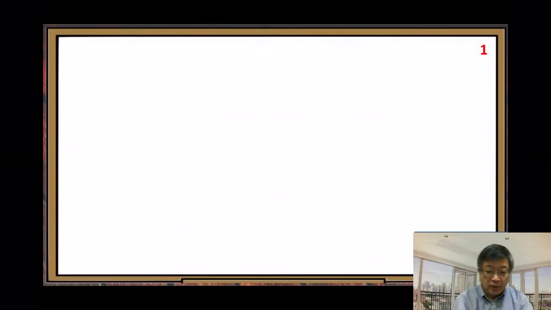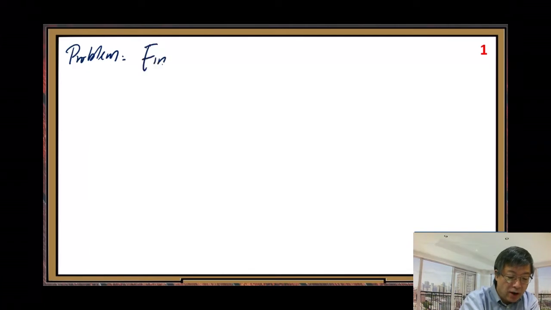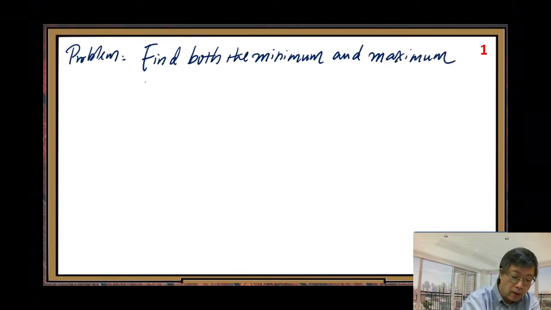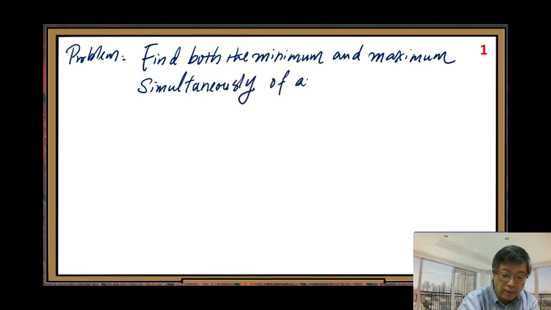All right, let me write the problem first. The problem: find both the minimum and maximum simultaneously of an array.